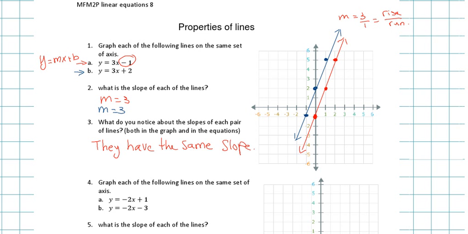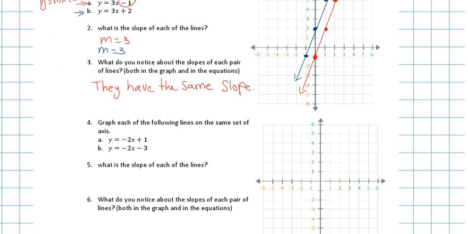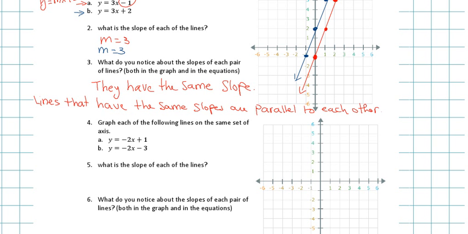So this is a note that you should write down: lines that have the same slope are parallel to each other.